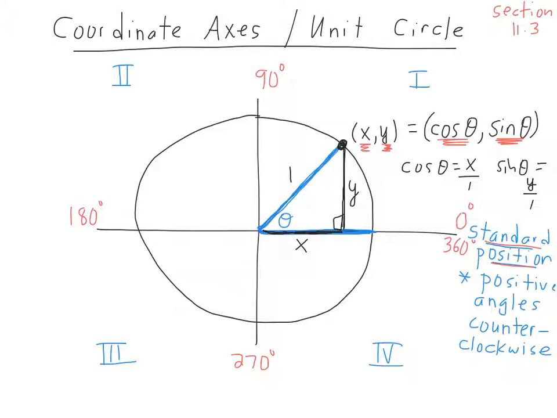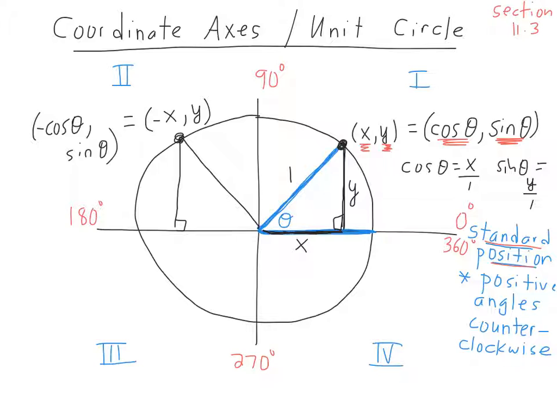Now if we were to take this triangle and draw it in every quadrant, let's start in quadrant 2. This would now be negative x comma y, which really means that we would have negative cosine of theta comma sine of theta. So notice how the cosine would be negative in that quadrant.